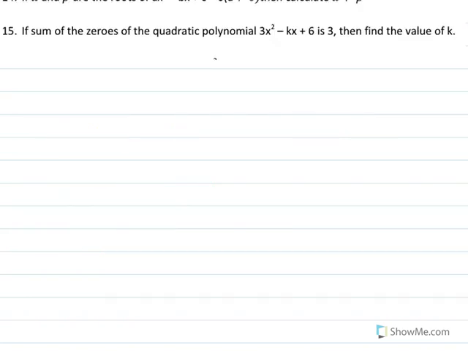If the sum of the zeros of the quadratic is 3, find the value of k. So our polynomial, say p of x, is 3x square minus kx plus 6. And the sum of zeros, they said, is 3.